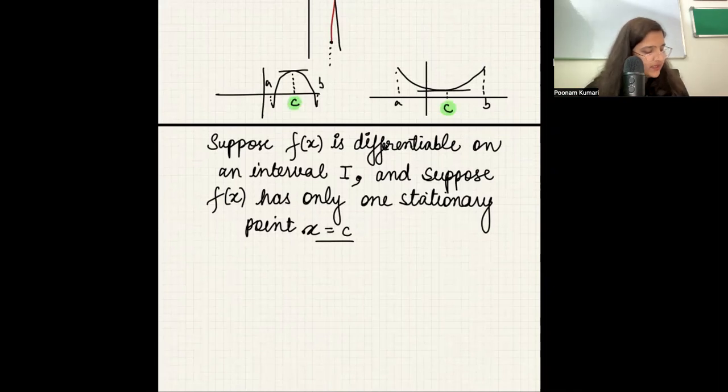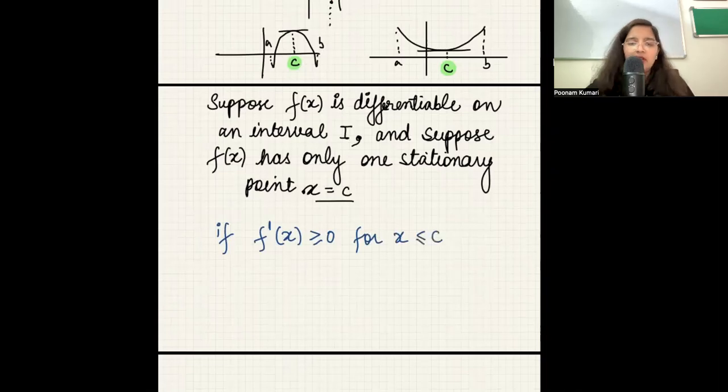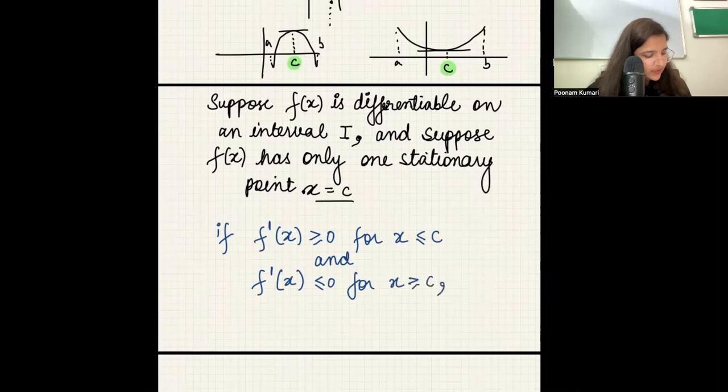Then we can say that if your f prime(x) is greater than or equal to 0 for x less than or equal to c, and if f prime, the derivative of f, is less than or equal to 0 for x greater than or equal to c, then what are we saying?